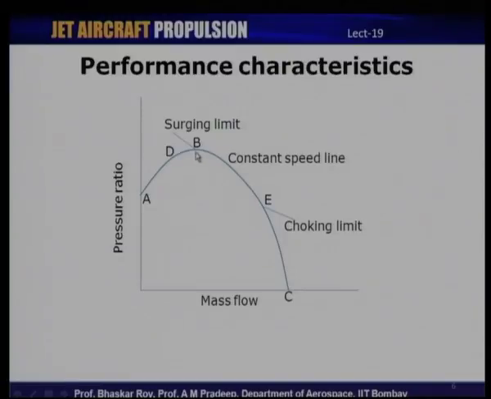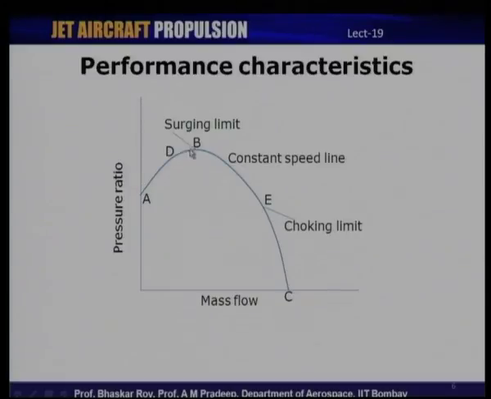So, the operation of the compressor from point B onwards does not really have a restriction in terms of what happens between points A and B, but there is also a limit for operation on this curve from point B onwards. I have indicated a limit here by the letter E, and this is known as the choking limit.